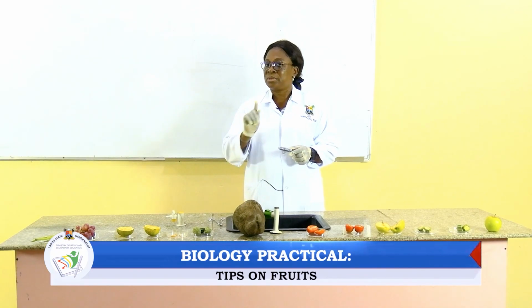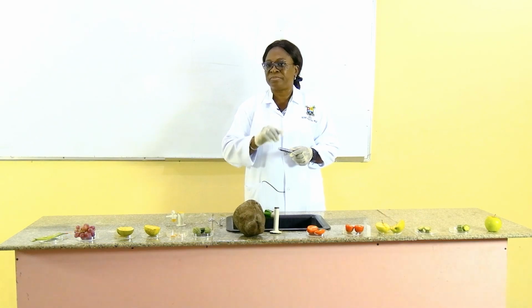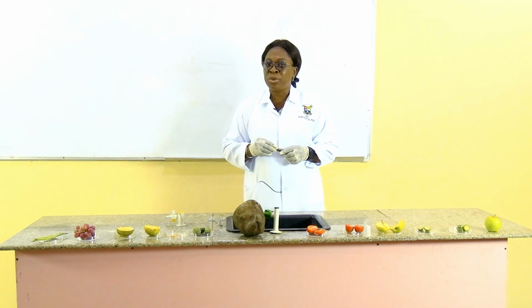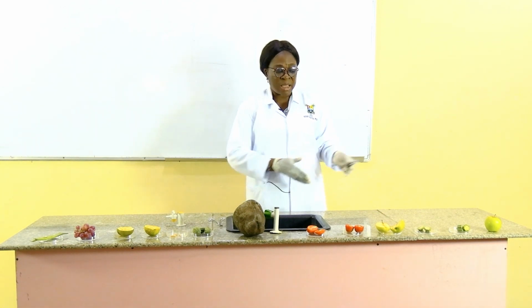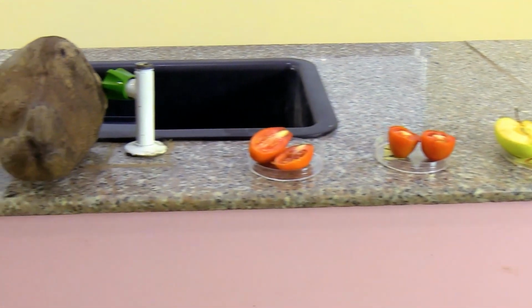Take note of the spellings of these technical terms. The layers may be hard, soft, dry, fleshy, or fibrous. This will be explained as we go through the array of our specimens.